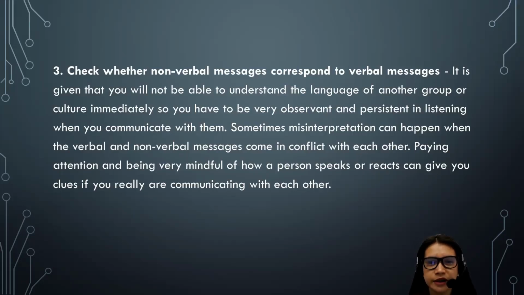Sometimes misinterpretation can happen when the verbal and nonverbal messages come into conflict with each other. So paying attention and being mindful of how a person speaks or reacts can give you clues whether you really are communicating with each other. You know what? For verbal communication, this also happens because we have different accents.